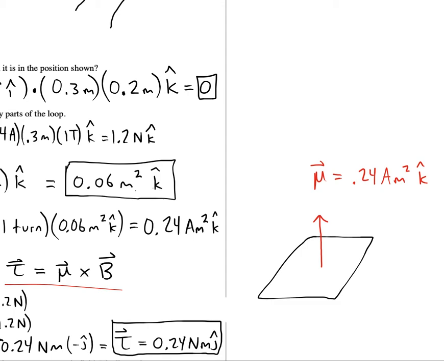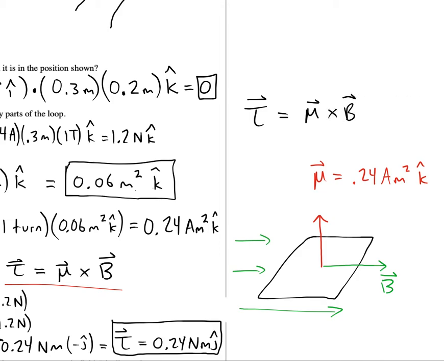So that's out of the page. We see that the B field is coming in parallel to the loop. So these are the two things that we want to do the cross product on now. We want to do mu crossed with B.